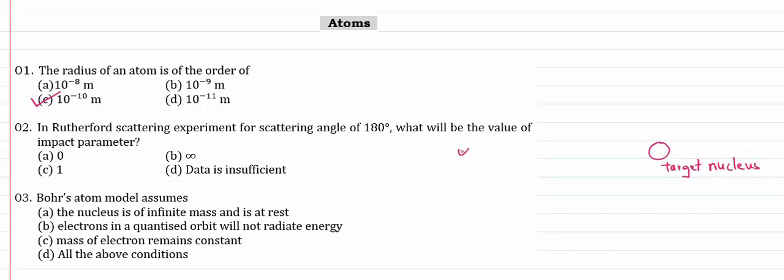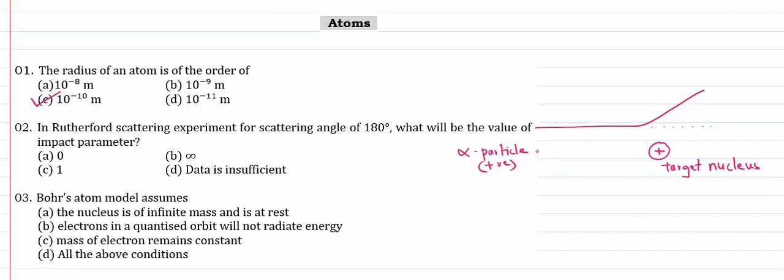From here alpha particles are coming. The alpha particle is positively charged while the nucleus is also positively charged. So when the alpha particle comes near this nucleus, it is repelled, so it scatters at a certain angle.